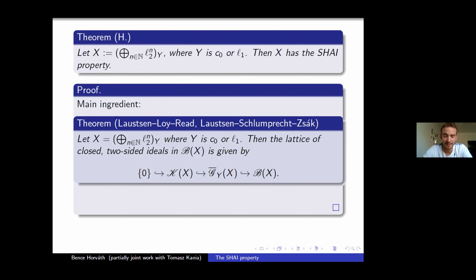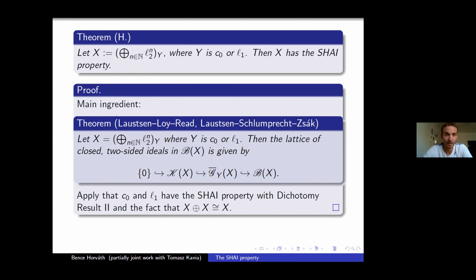And then in the proof, you just apply this dichotomy result I put up, and that will tell you that Y is c0 or l1, so it must have the Xi property. If you have any surjective algebra homomorphism, which is not injective, into any B of Y, then the kernel must be this or this. Well, it can't be this, so it must be this, but this is the maximal ideal. And then you have a simple thing isomorphic to a non-simple thing, and that just can't happen.